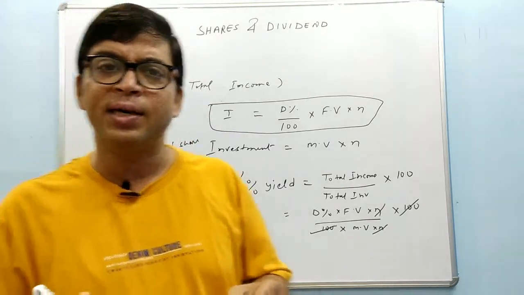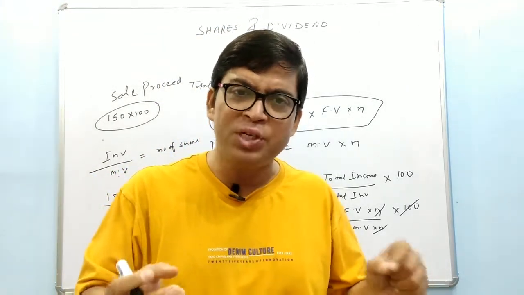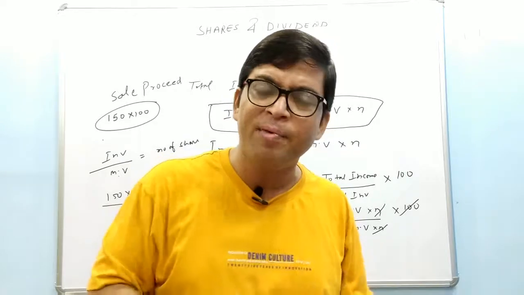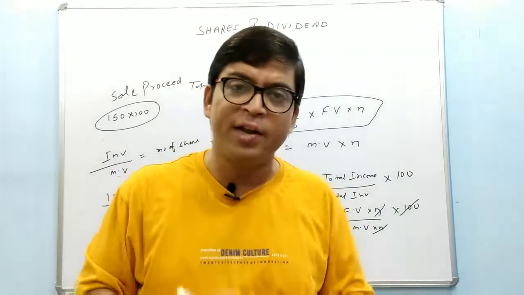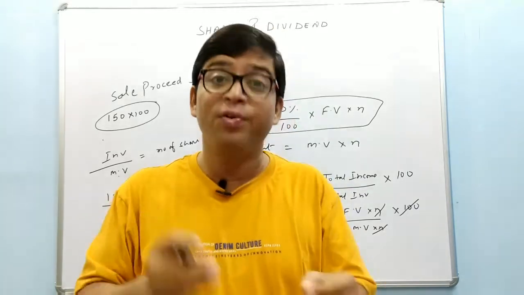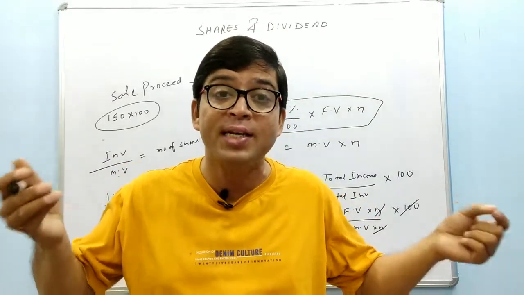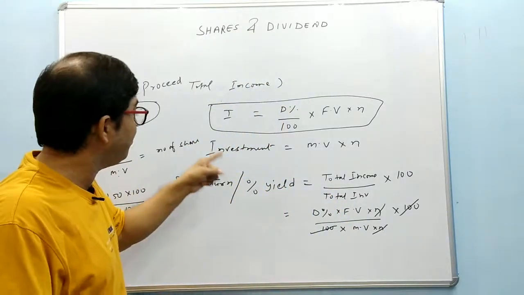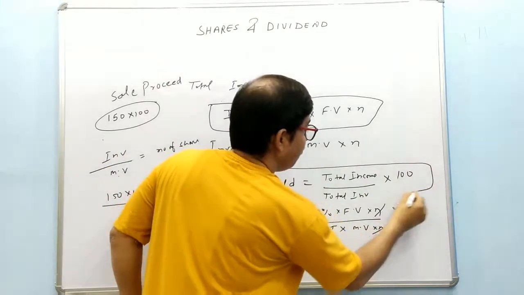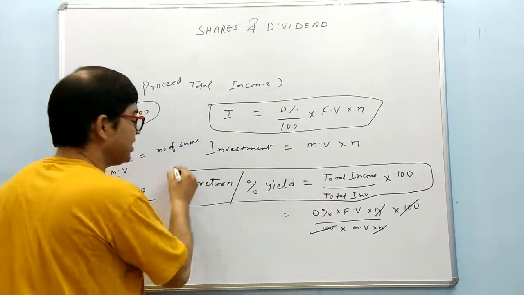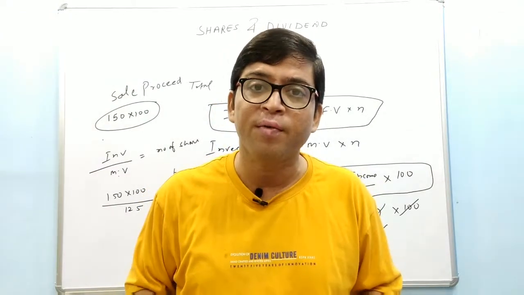Sometimes it is asked, we have the option to invest in one type of shares and in another type of shares. Which is the better option? That will be decided by the percentage return. Whichever share is giving us more percentage return is the better share.